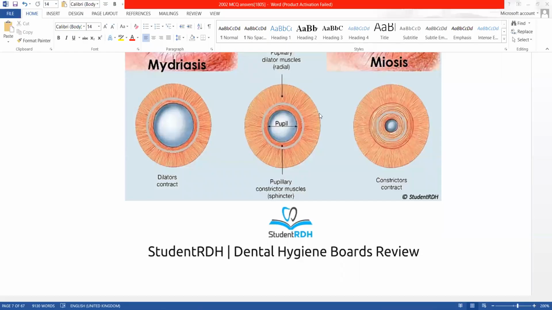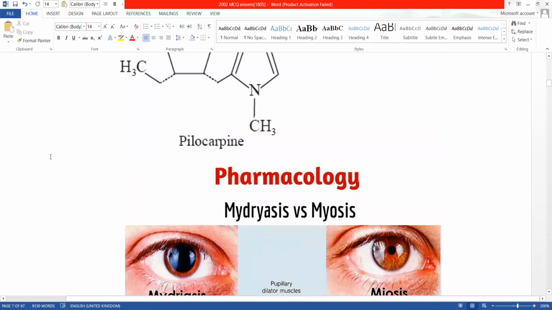So the result of pilocarpine is miosis, that is the contraction of the pupil.